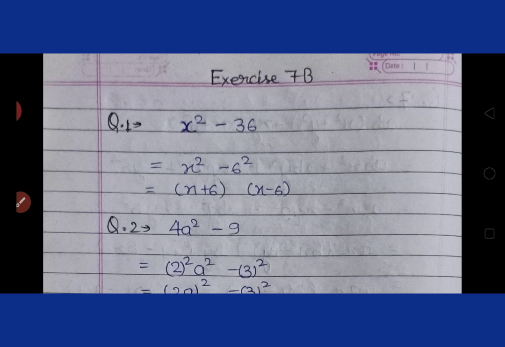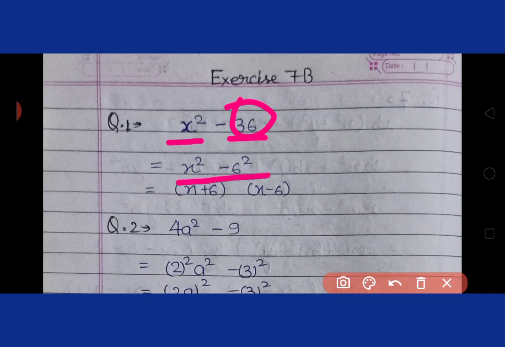Here in the first question it has given x square minus 36. Now it can be represented in the form of a square minus b square, because 36 is also the square of 6. So I have broken this term into x square minus 6 square.